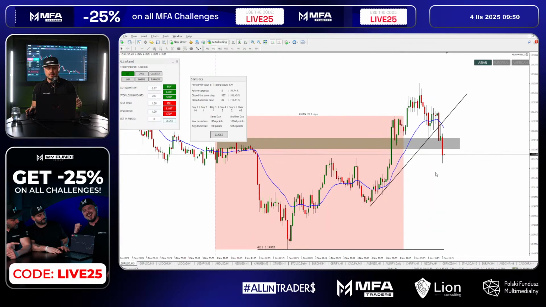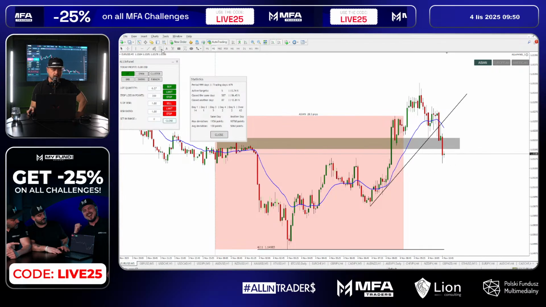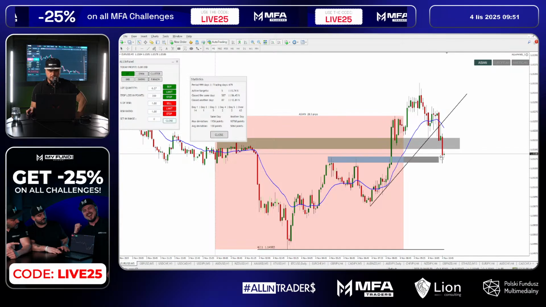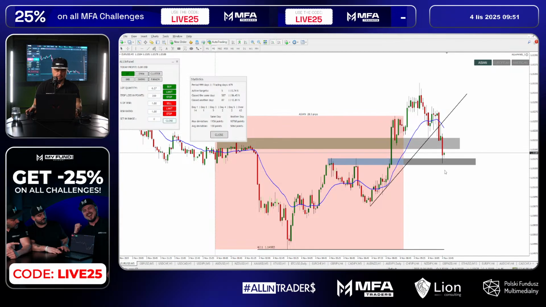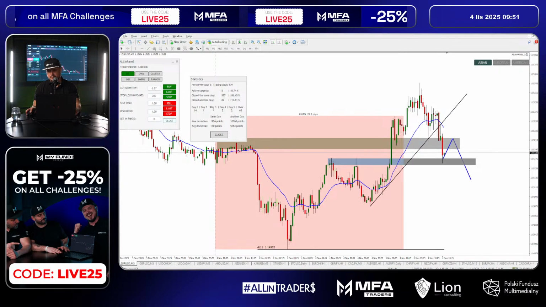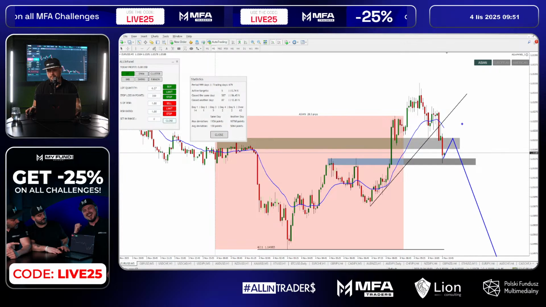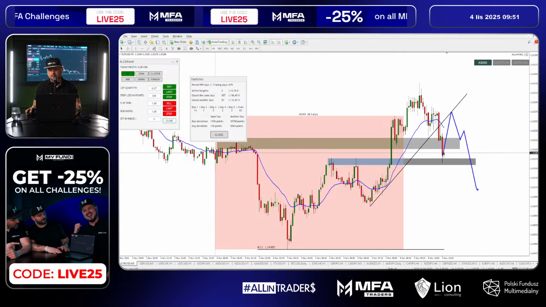We are breaking through, guys. Very good. I know we have another zone over here, and we just stop over there, but don't worry. We're gonna wait for the retest, maybe over here, and we're gonna be good to go. Maybe there will be retest up to here even. We will see.